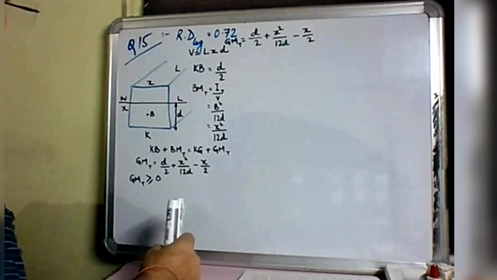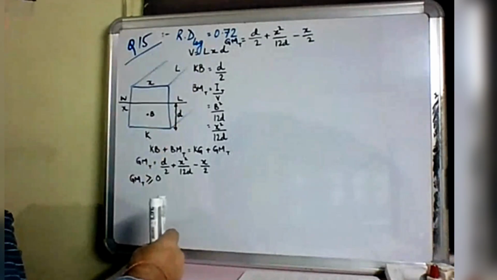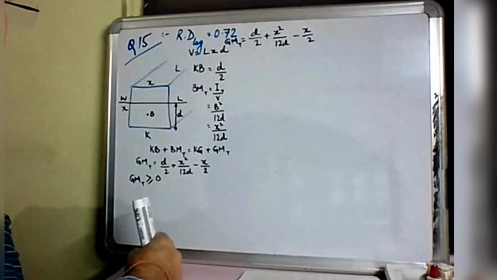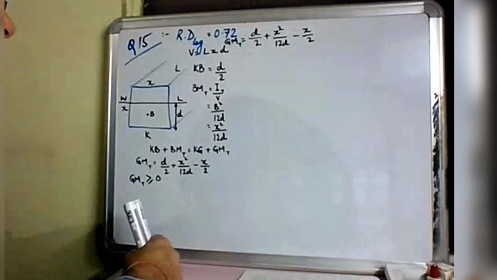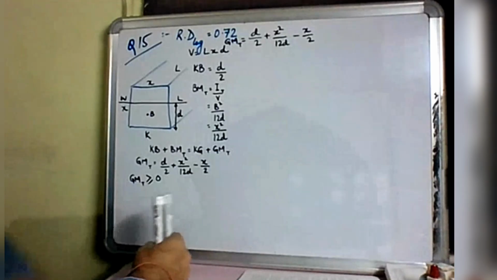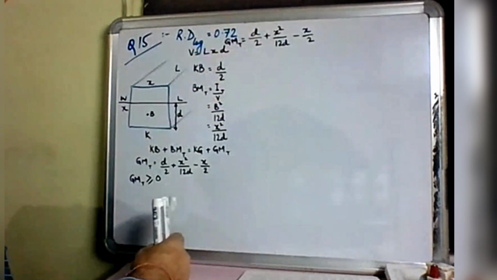The question says it's a homogeneous log. Homogeneous log means the mass or the weight is evenly spread across the length of the log. So KG will be x by 2. So I need another equation with these two variables, x and d. Then I can solve it.